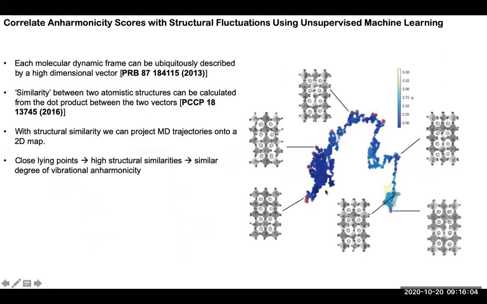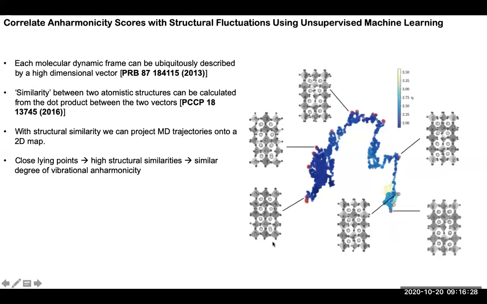For example, here, each dot on this map shows a structure sampled in molecular dynamic simulation. And to interpret this map, if two dots are close together, that means they are structurally very similar. But if two dots are very far apart, that means they are structurally very different.